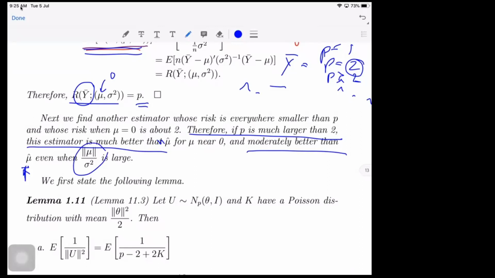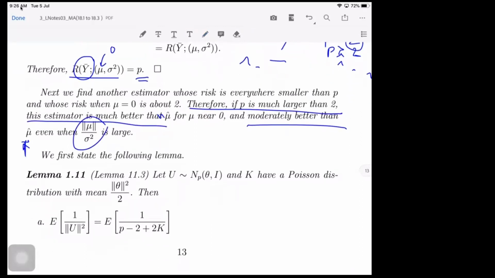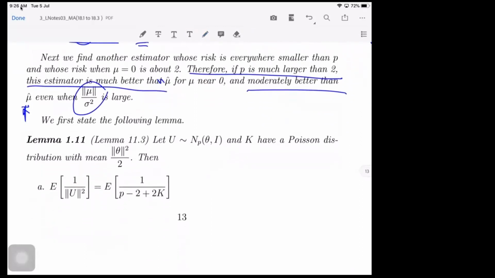So it has something to do with the expected value of the length of mu hat, no? So to do that, we have to state first the following lemma, because this lemma will be used when proving or finding the expected loss associated with the James-Stein estimator. So we will just state this lemma.